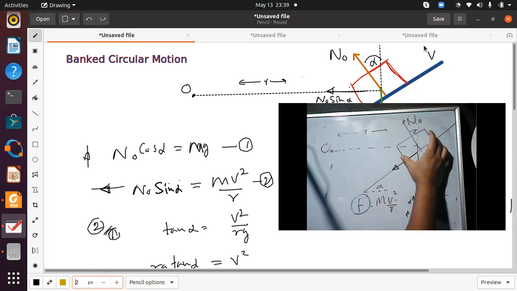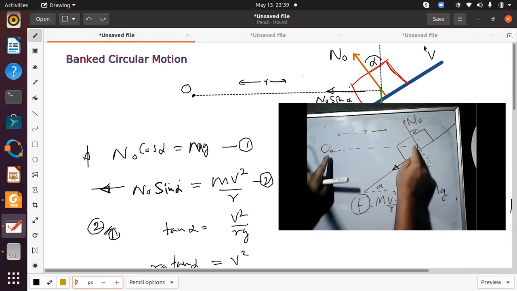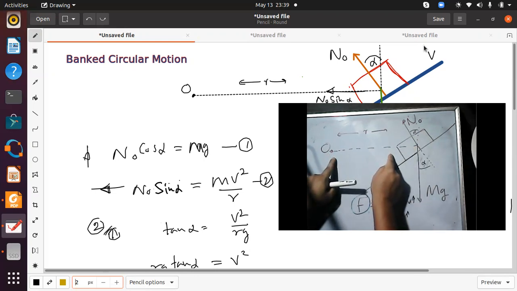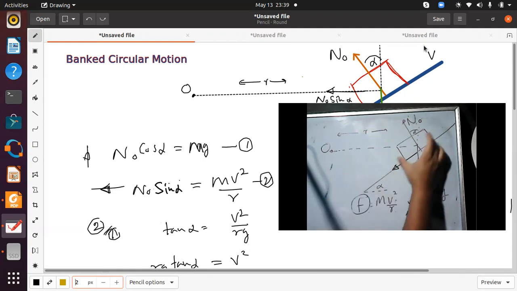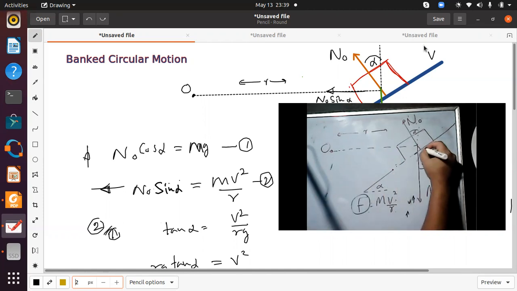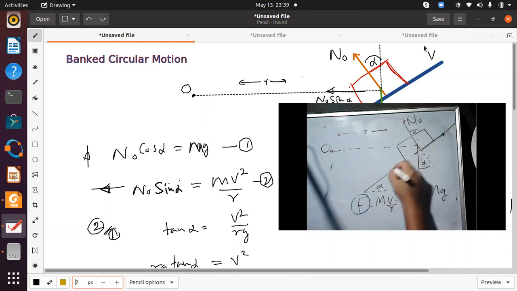It will tend to move downward when the velocity decreases, because it needs to change the radius to maintain the same track. Now, if it is tending downwards, there will be frictional forces acting in this direction, right? Okay, that is what you need to know.